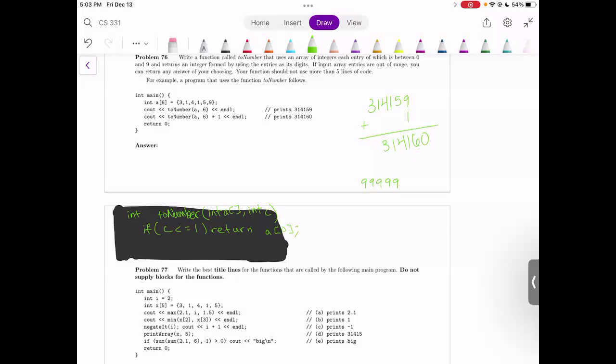But if it's not, we can just return. And now here we have to do a lot of shifts because we're technically adding. So we want to create 1 space at least. So that's multiplied by 10.